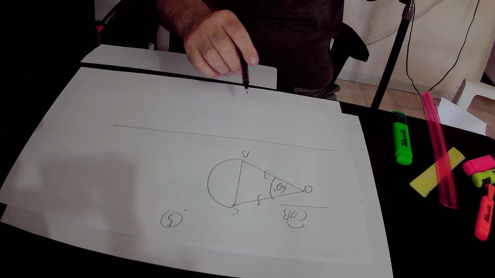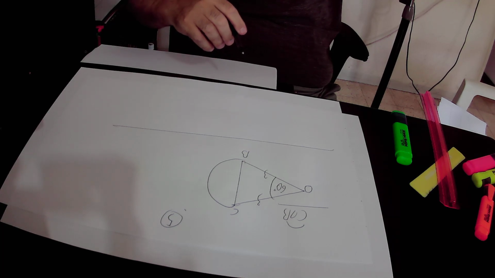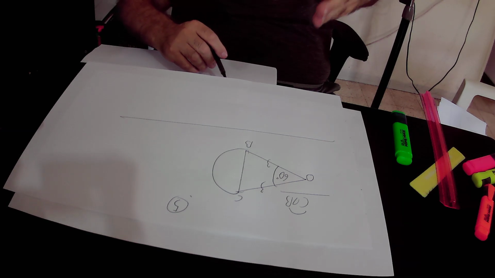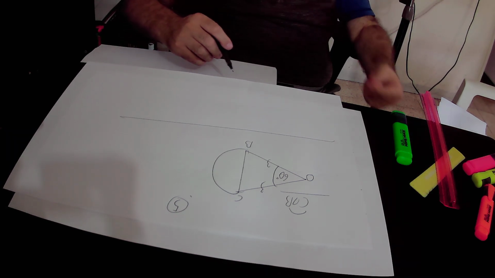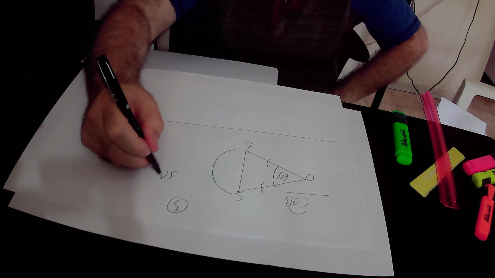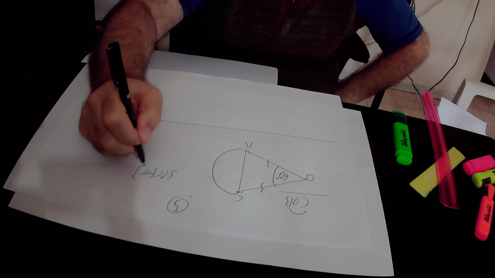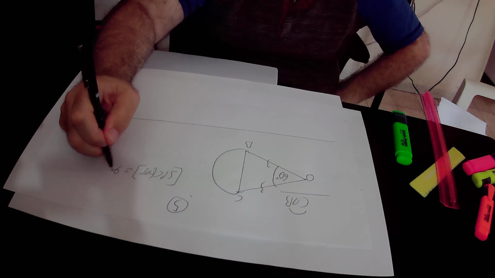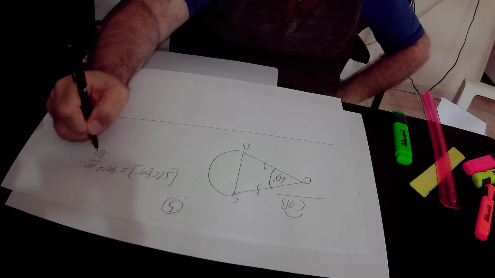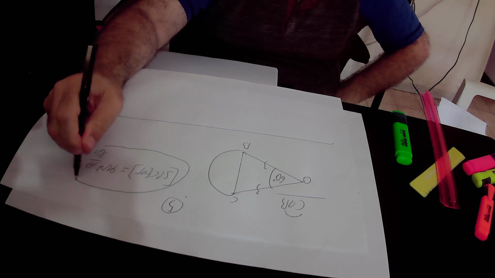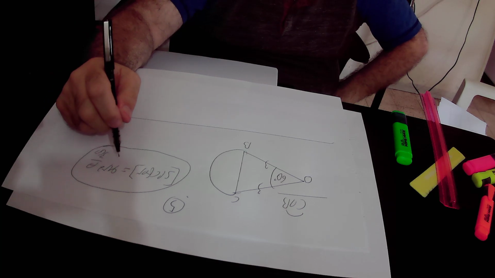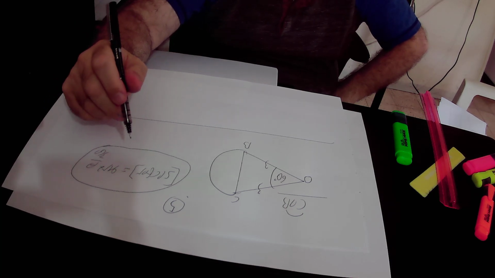CO equals OB, they are both the radii of the semicircle and they are also the legs of sector COB, and the angle between the legs of sector COB is 60 degrees, that is to say theta equals 60 degrees. We have already found out that the area of any sector is equal to pi r squared times theta over 360 degrees. R is the radius of the semicircle that contains the sector. Theta is the angle between the legs of the sector, in this case 60 degrees.